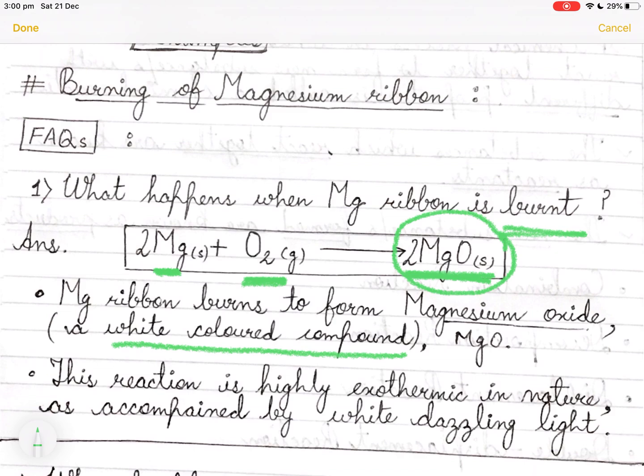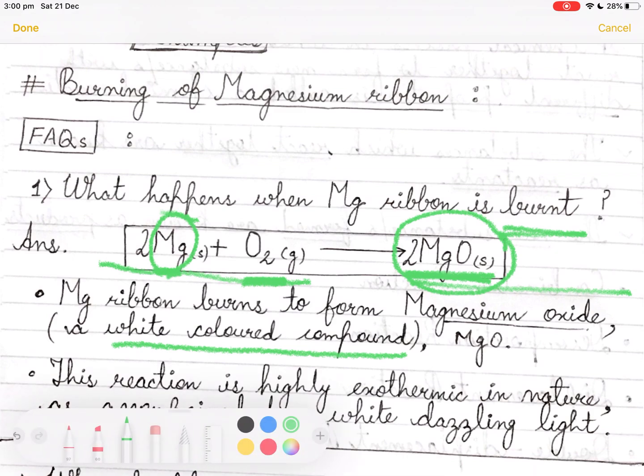Now here I'll just give you a brief idea about balancing. To understand balancing more, you will have to watch my another video. Okay, now if you see here balancing, we have to balance the equation from the left hand side and the right hand side. So the first element I'm talking about is magnesium. I have one atom of magnesium, and suppose this 2 is hidden for you. So on the right side also you have Mg, right? Now one atom of magnesium here, one atom of magnesium there, fine, that's okay.